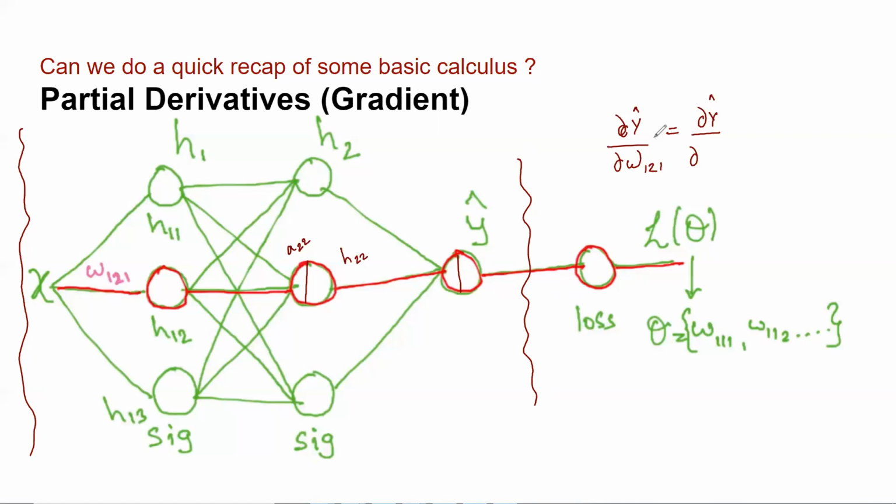In order to compute this, I need to take the partial derivative of my output neuron with respect to W1 2 1, right?